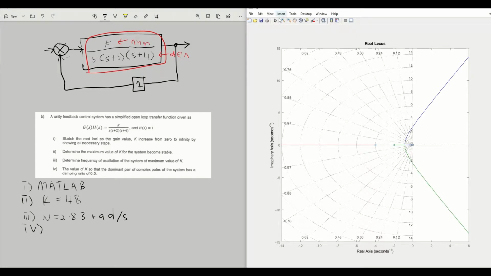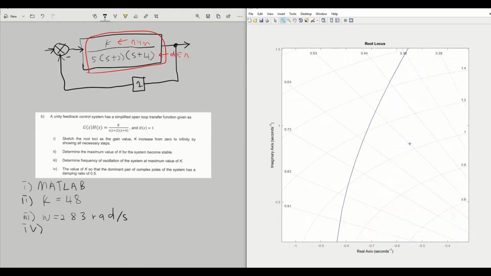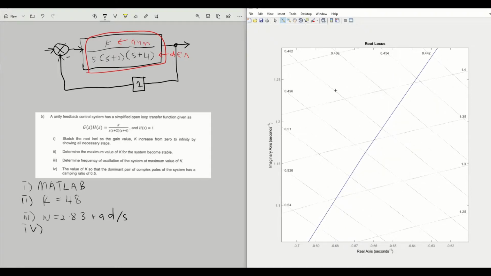Okay, so we want to know the value of k, so we simply zoom in over here. We can see 0.5 is somewhere over here, so we can zoom in more. We just click again on the root locus graph and slide it through until the damping ratio is 0.5.